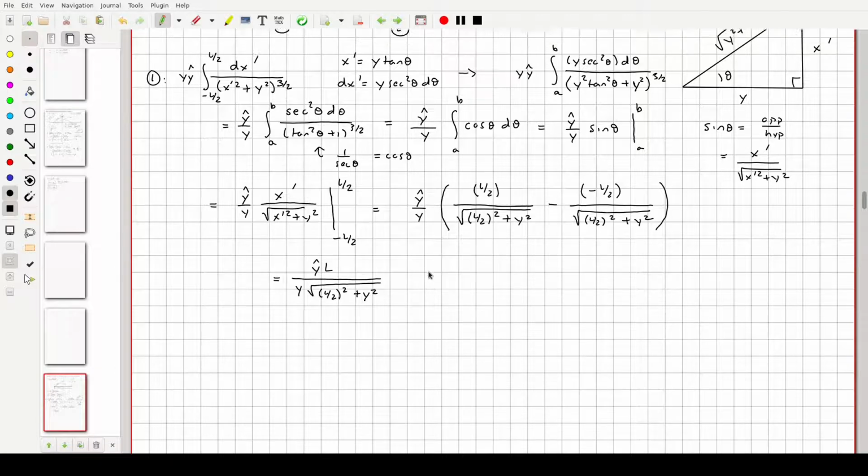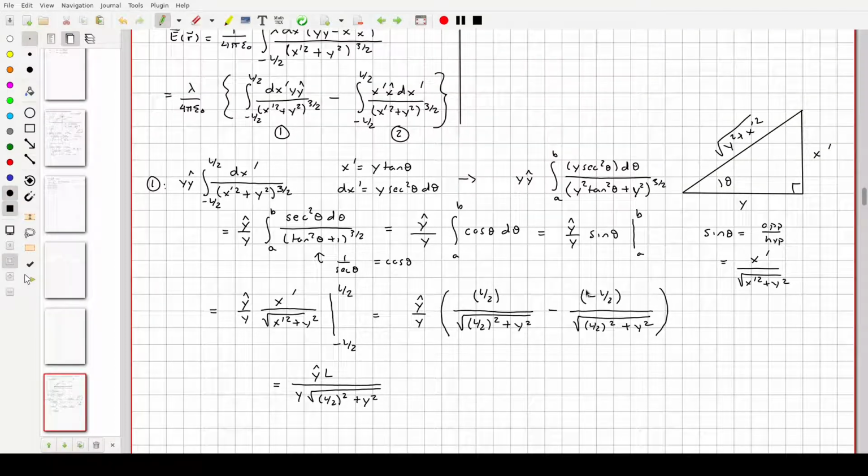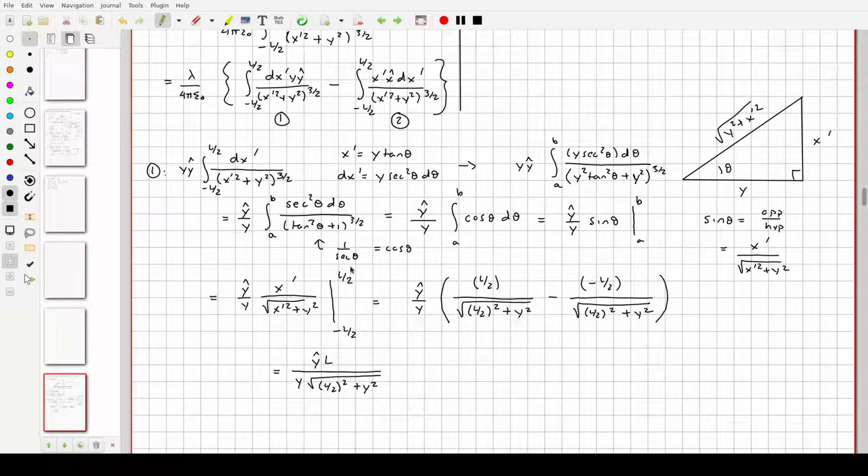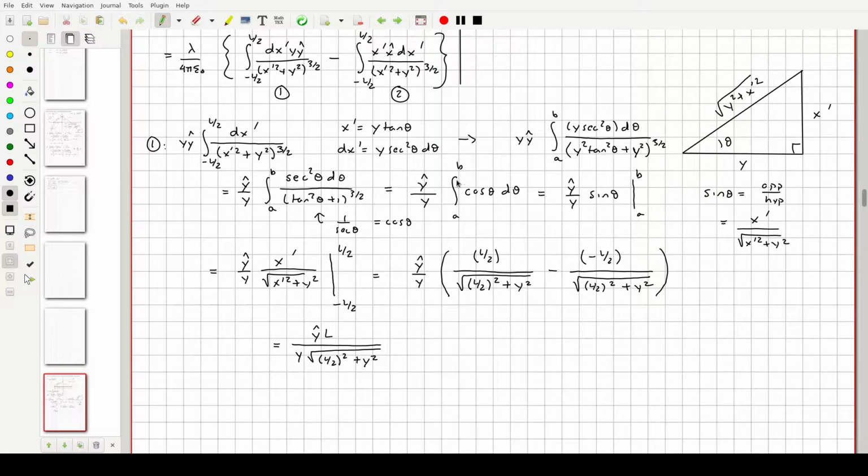Okay, so that's what the first one is. Now, as you can see, this allowed us to evaluate the limits of integration here without having to seek them in the space in which we substituted into a trig function. So it actually makes life a lot easier.